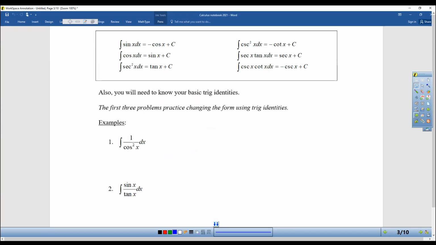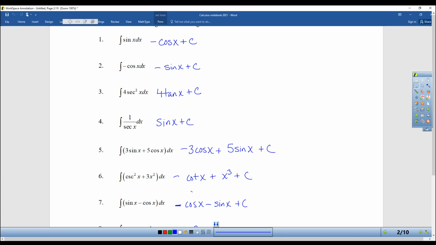Now, I'm just going to tell you right now, there is a list of integrals, and you can memorize this if you want to, and you can write this in your appendix if you're in honors, if you want to. But I will tell you that over the years, so many students have gotten these mixed up because they're so close. I mean, obviously, they're the reverse of the derivatives. So in my opinion, the reason I had you do this exercise is because I think it's easier to just say, well, sine goes with cosine, and then figure out whether or not it's positive or negative.